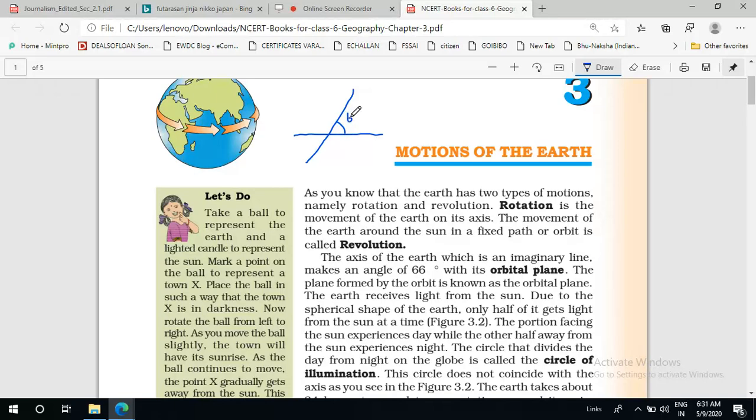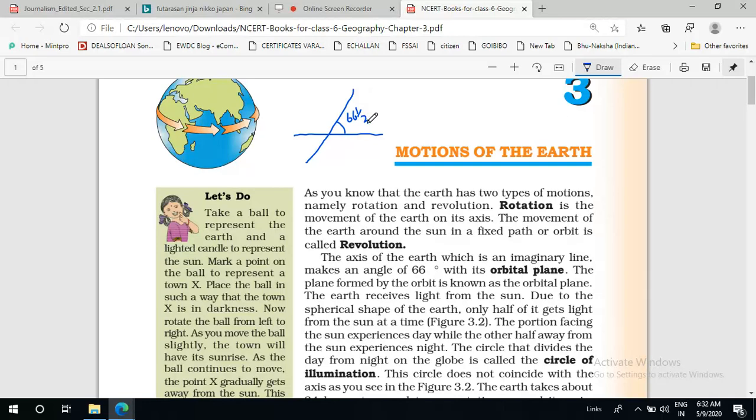Okay, so this is the value of the angle at which the earth is tilted. This is the angle formed by the axis of the earth with the orbital plane. So we are talking about rotation.